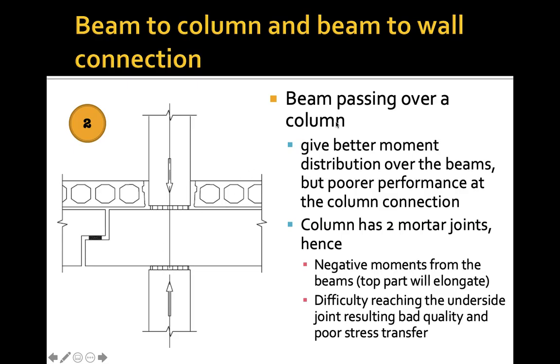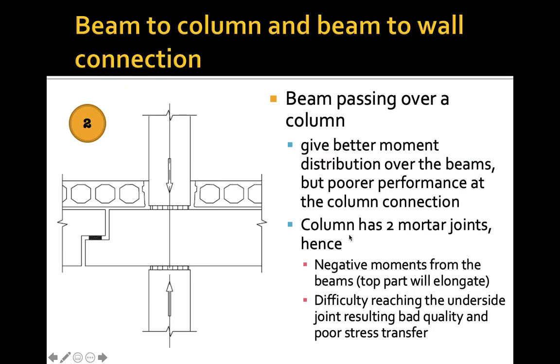When we have a beam passing over a column, it could give a better moment distribution over the beams. However, we have poorer performance at the column connection, because instead of the column being attached to the column itself, it is attached to the horizontal component.